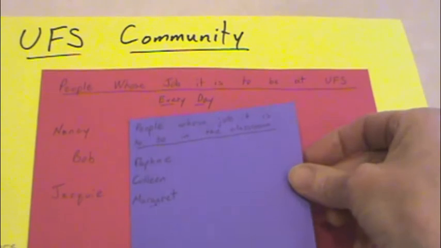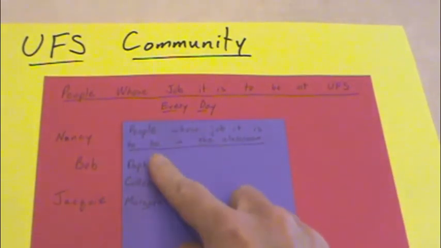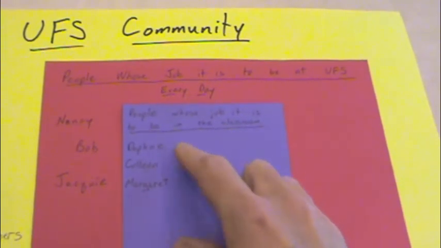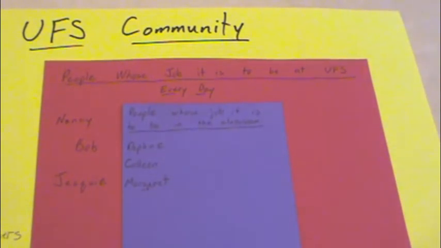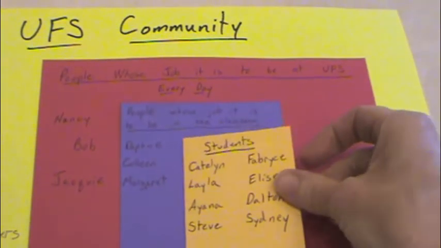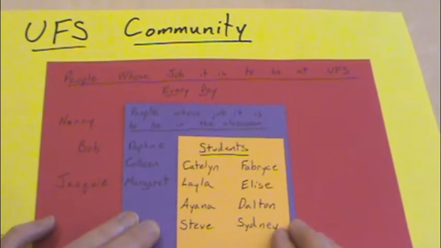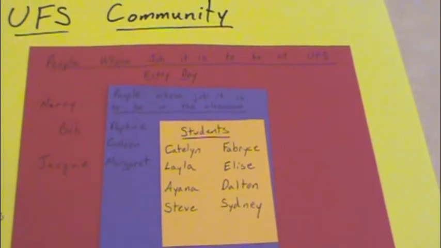Let's look at this group. People whose job it is to be in the classroom. Yeah, we got a few examples of that. Daphne, Colleen, Margaret. But we're still missing a group, aren't we? Check out this group. We've got students, too. And I just gave a few names from various grades.